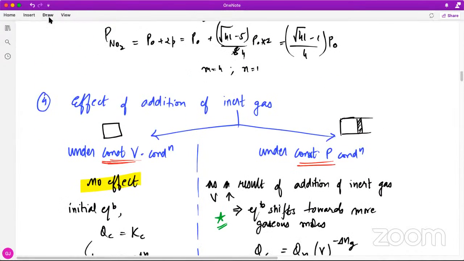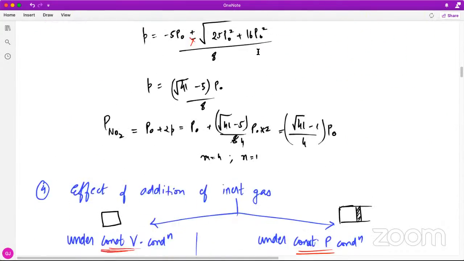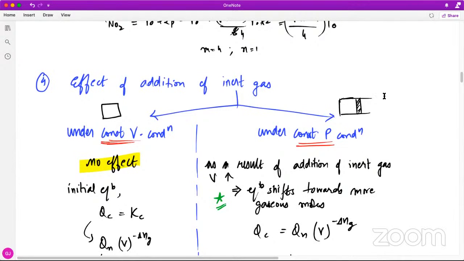Now notice together what will happen if we add inert gas under constant pressure conditions. As a result of addition of inert gas, volume will increase, and the subjective answer would be, as per Le Chatelier's principle, that equilibrium will shift towards more gaseous moles.